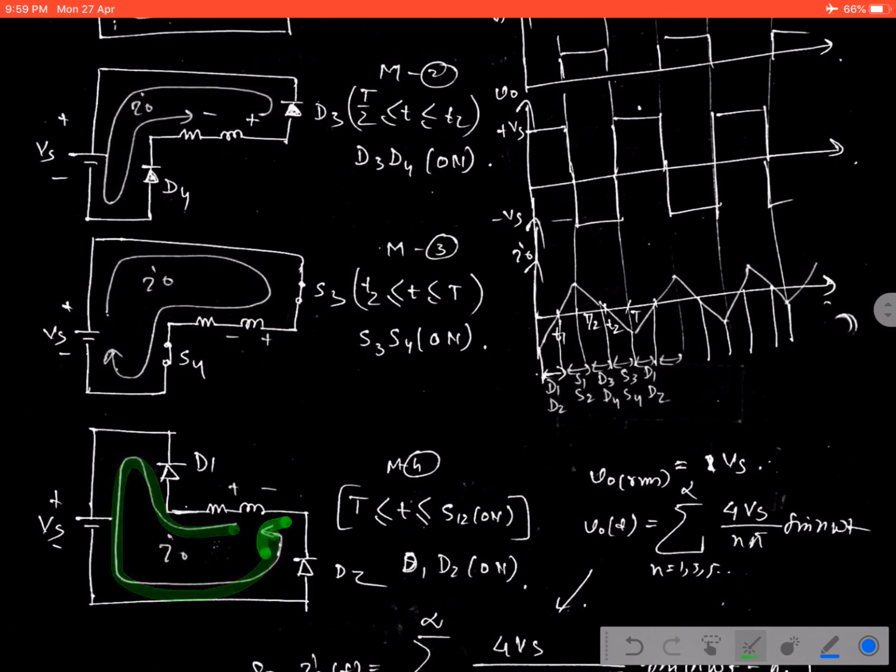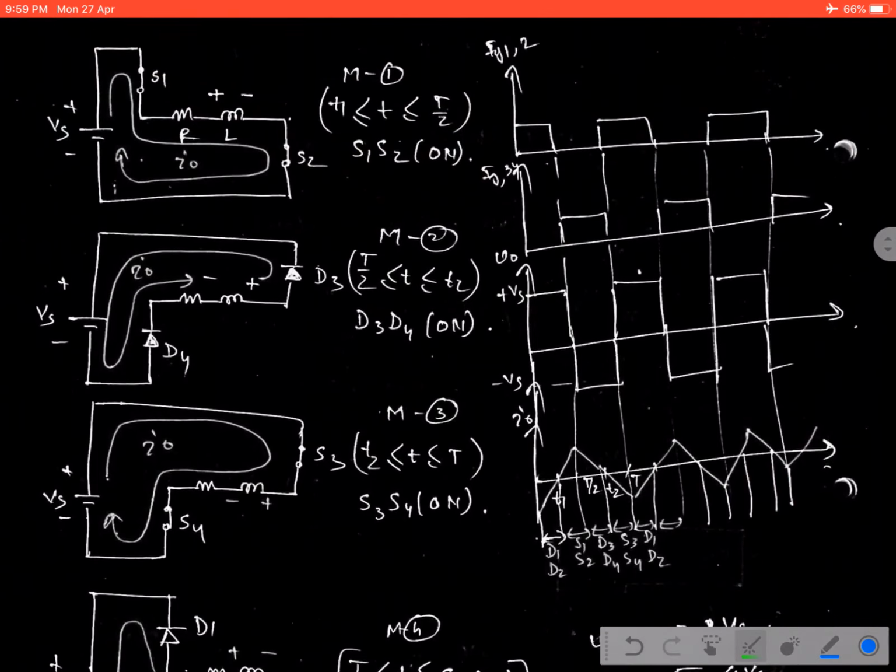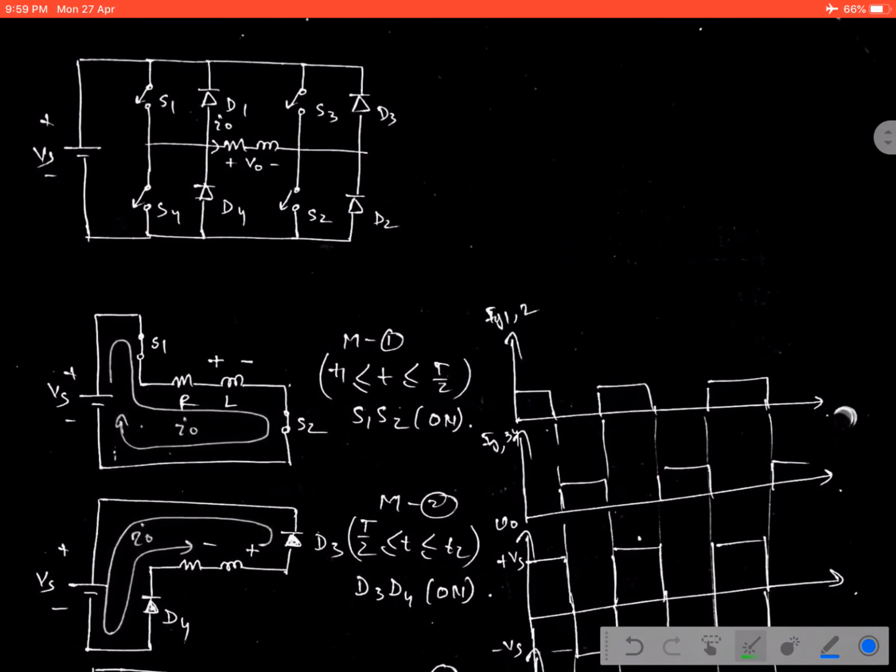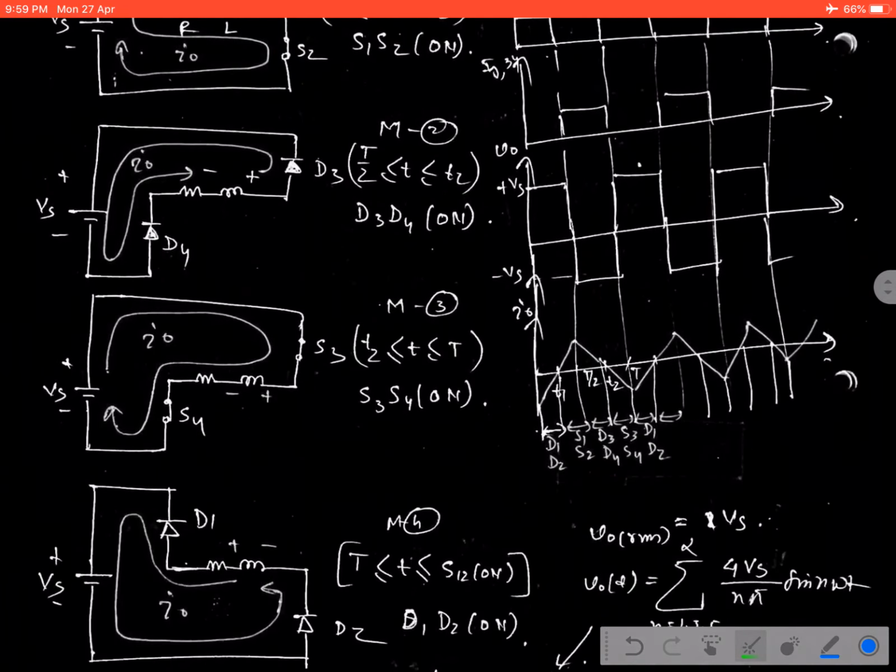The stored negative energy or current discharges during this mode until we give the next triggering pulse to the switch. That is why this is the waveform, and it continues for the next cycles in the same manner. So this is the operation and the waveforms of the full bridge inverter circuit.